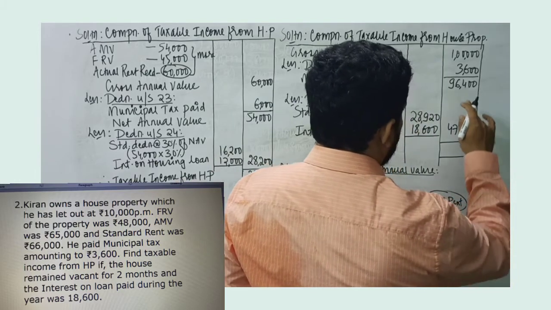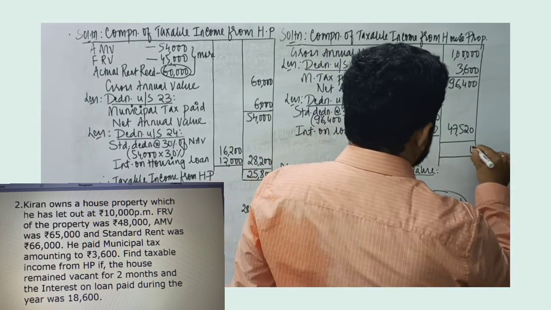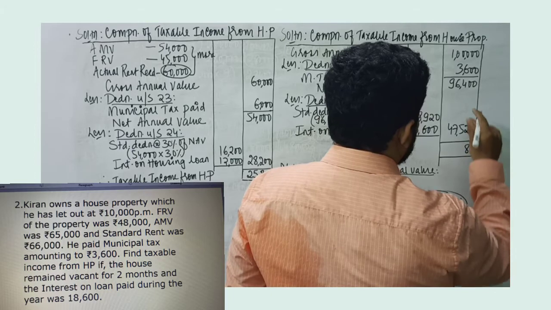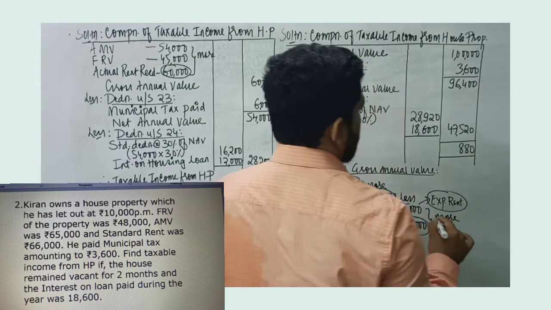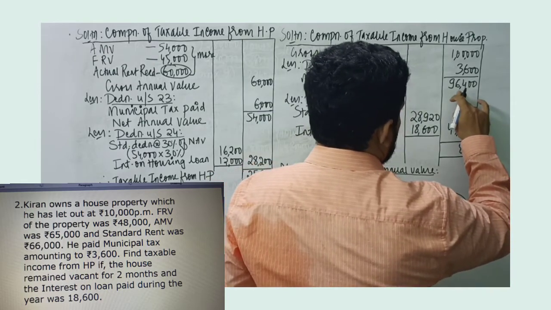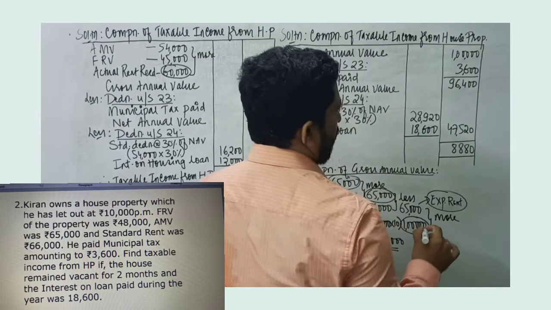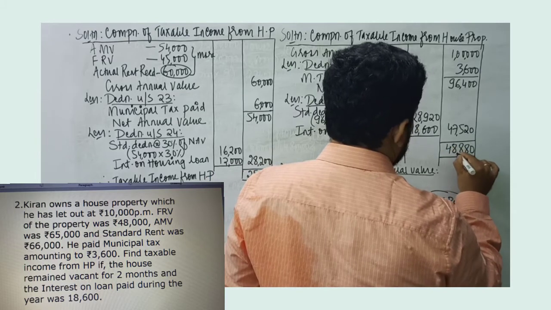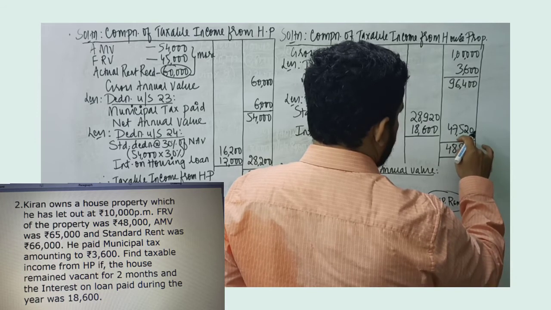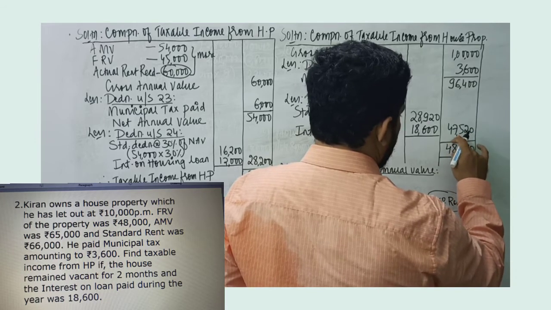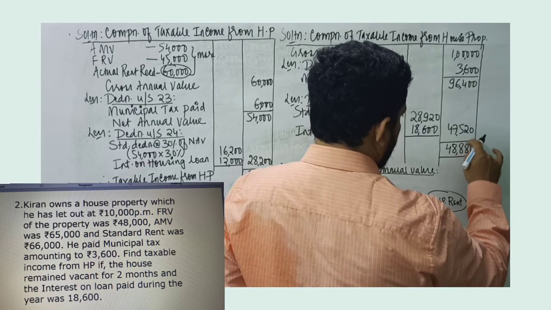So here we get 96,400 minus 47,520. 13 minus 5 is 8, 15 minus 7 is 8, 8 minus 4 is 4, 9 minus 4 is 5, and 9 minus 0 is 9.